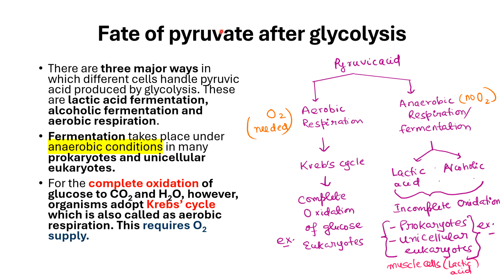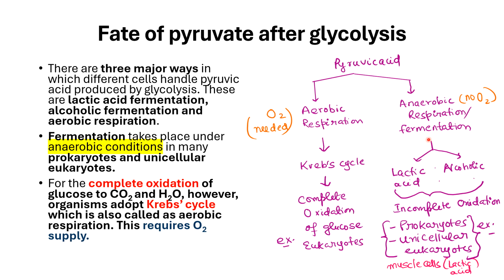In the last slide, we saw all the steps of the glycolytic pathway, and we saw that the end product of glycolysis is pyruvic acid. Next, what happens to the pyruvic acid in respiration? Is it the final product or is it processed further? So we have two situations here. If we take the aerobic organisms, the pyruvic acid is completely oxidized and undergoes the Krebs cycle.